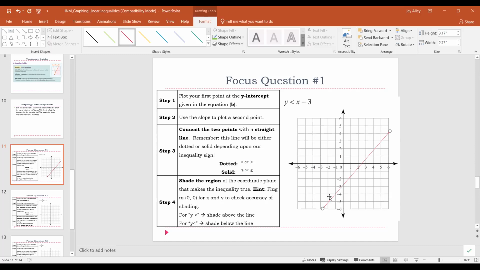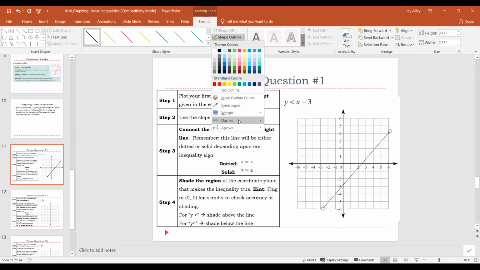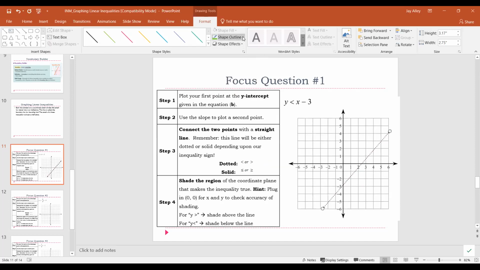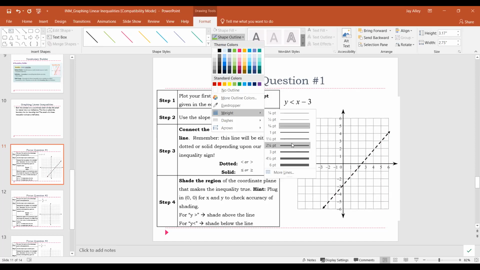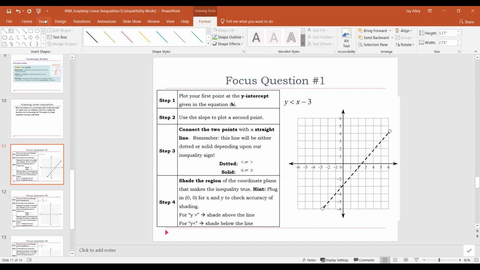So if I'm doing this on a sheet of paper, I didn't mean to do that. Sorry. There we go.